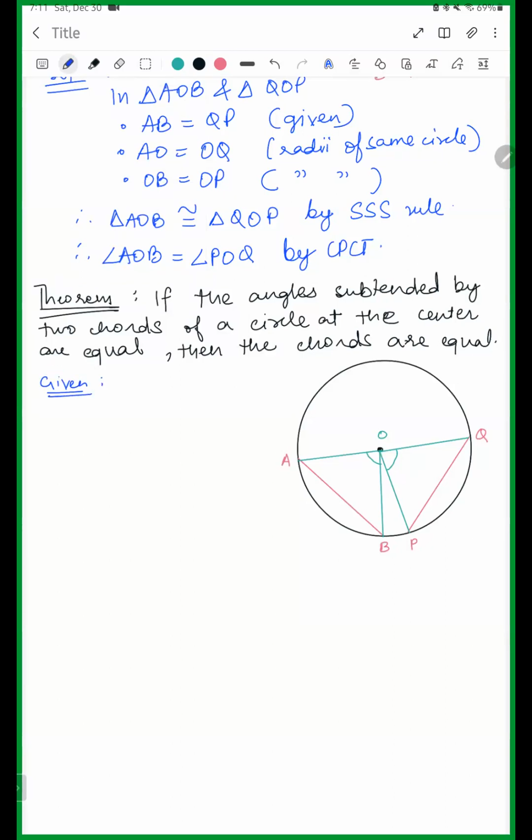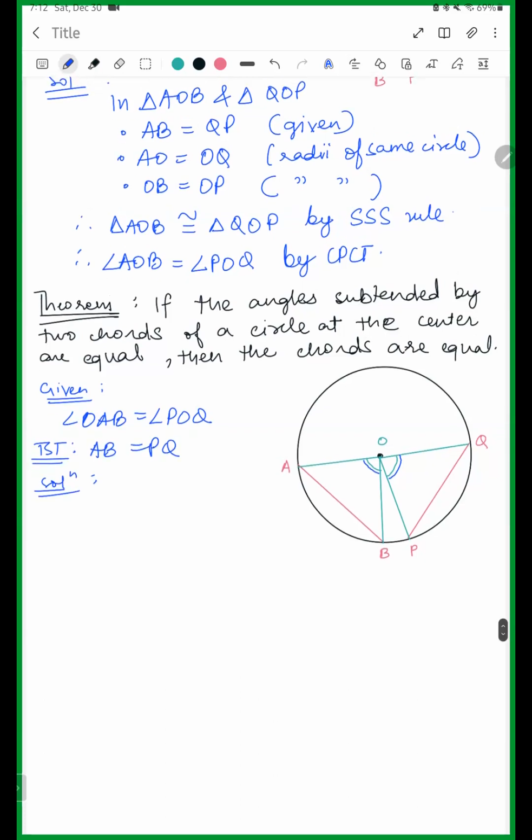Given the fact that the angles subtended by them are equal, meaning angle AOB and angle POQ are equal. Angle AOB is equal to angle POQ. To show that the chords are equal, meaning to show that AB is equal to PQ. The same thing we have to do.